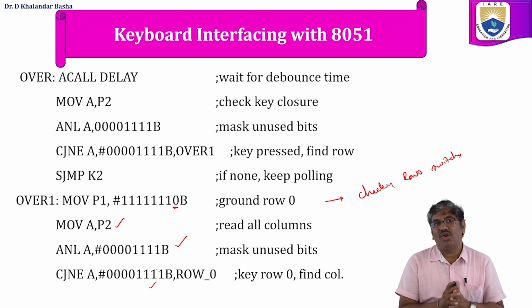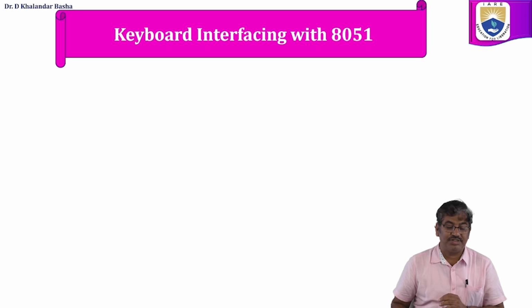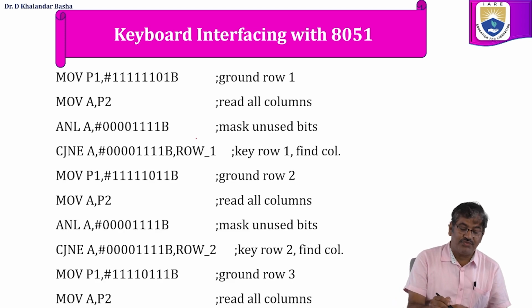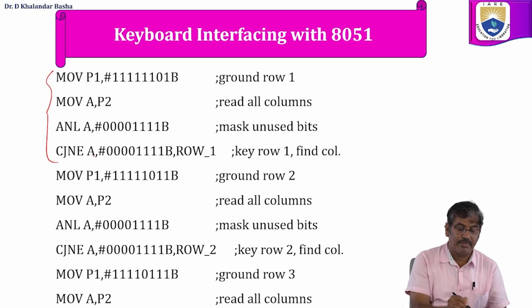If it is not equal to 0F, it indicates the key pressed is not in row 0. Otherwise, we go to row 0 to fetch which key is pressed. Similarly, we check for row 1. This is for row 2.